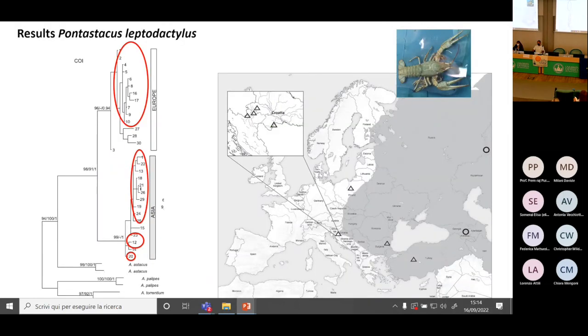And finally, the last species, narrow claw crayfish, or Pontastacus leptodactylus. I would dare say that the study we did a long time ago, back in 2012 or 14, I'm not sure, was the first that tried to put into one place and find something about phylogenetic relationships within this species.